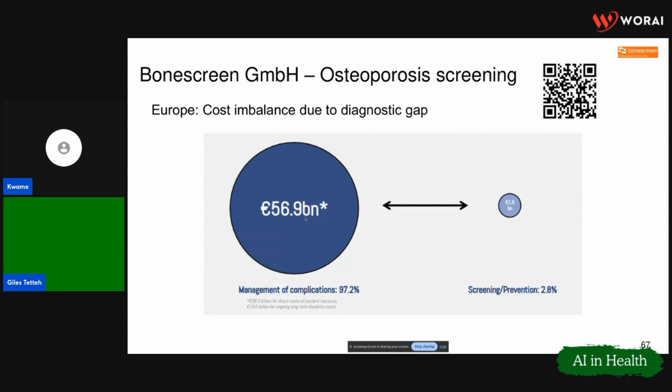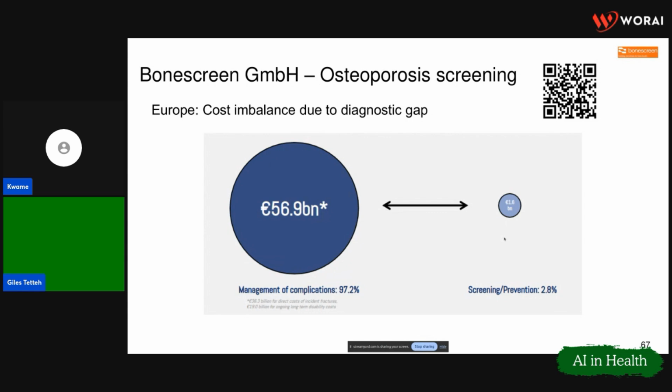When osteoporosis leads to, let's say, a fracture, in Europe we are spending close to 60 billion euros on the treatment of those fractures and things resulting from osteoporosis. Meanwhile, we are spending only 1.6 billion on prevention or screening.